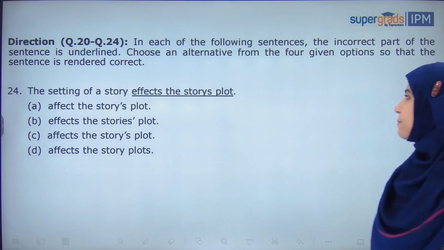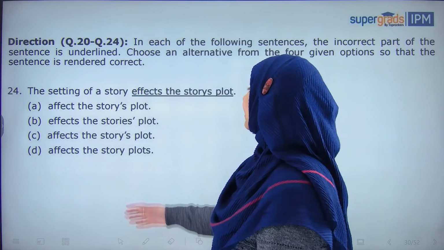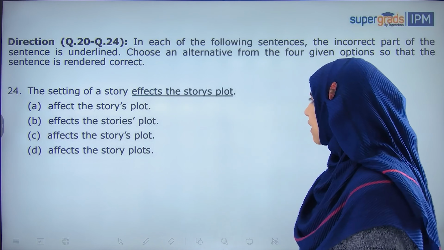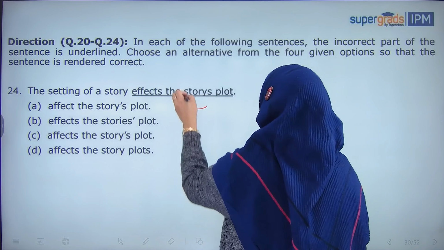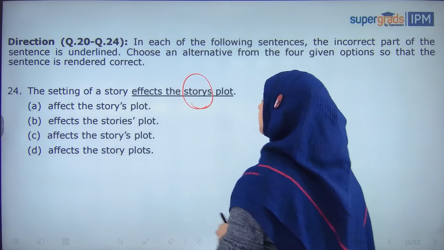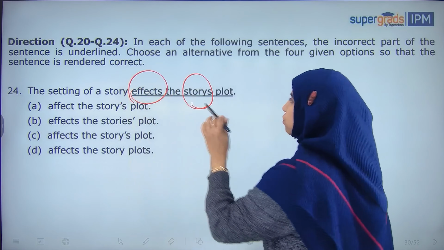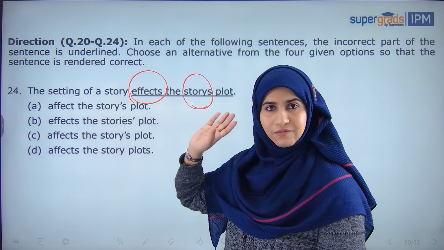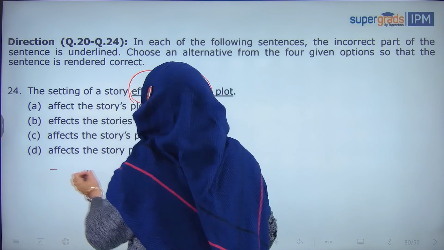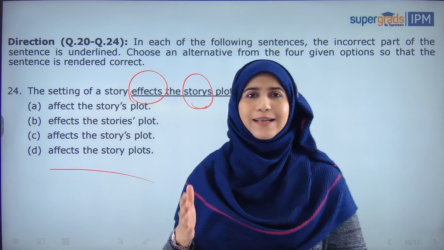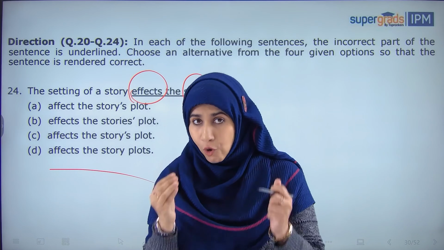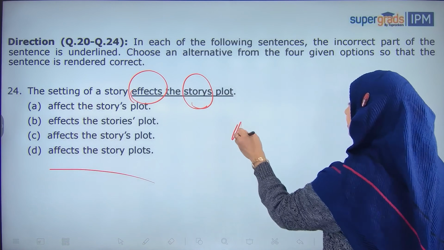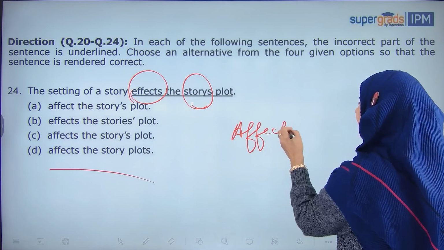Question number 24. Very easy question. The setting of a story affects the story's plot. Now, there are two problems here. Number one, there's no apostrophe here in the story. And number two, this word is incorrectly used here. Affect, effect. When you give a quick glance at the options, you can figure out that the examiner expects to know whether you can distinguish between these two words, affect and effect.